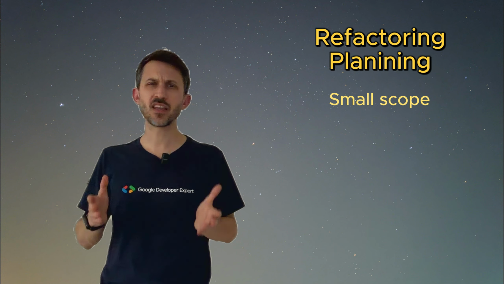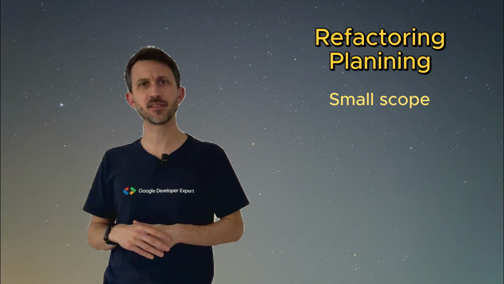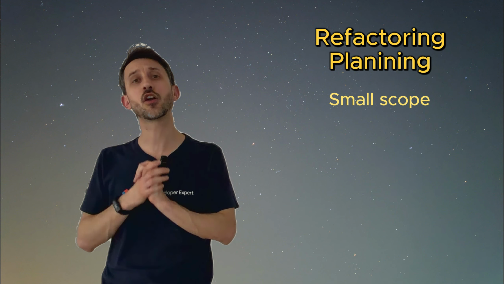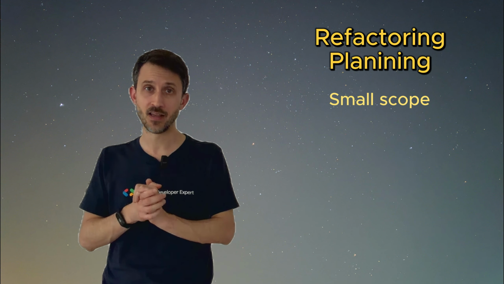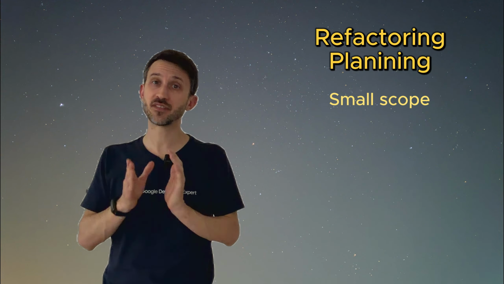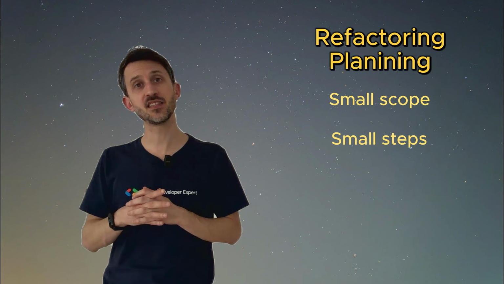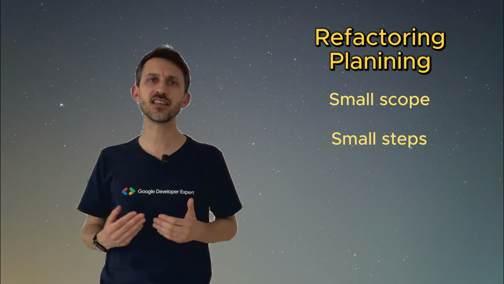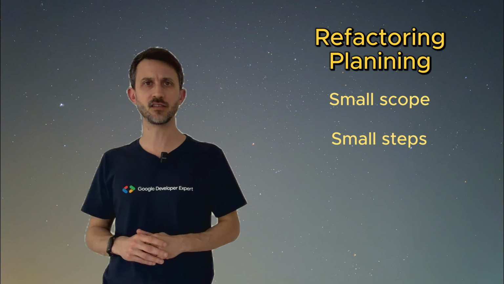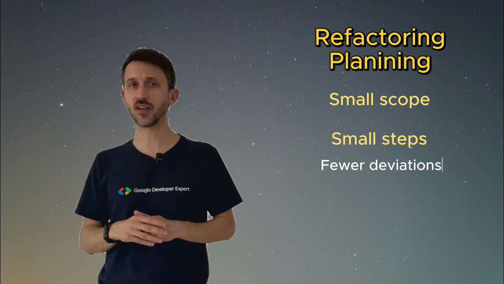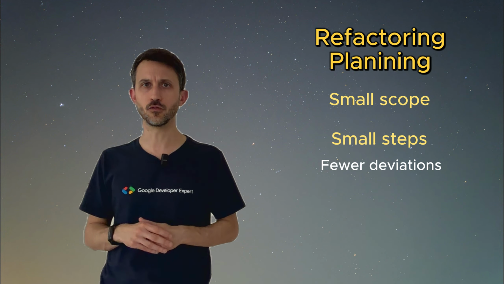Then, break your plan into small atomic steps that always leave the code in a compilable state. And small steps matter, because the larger the change, the more likely an AI agent is to take unnecessary liberties, introducing changes you didn't ask for or overcomplicating the code.